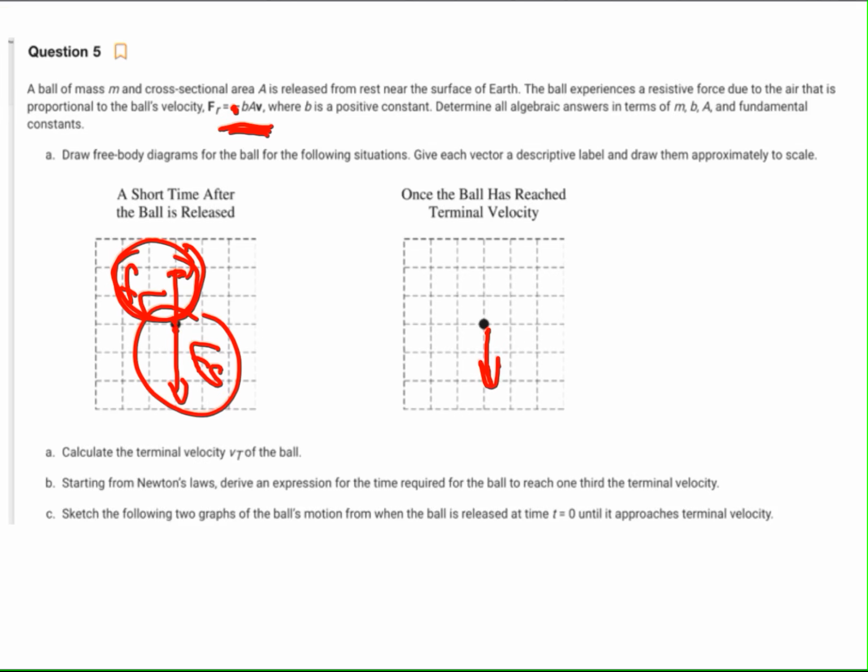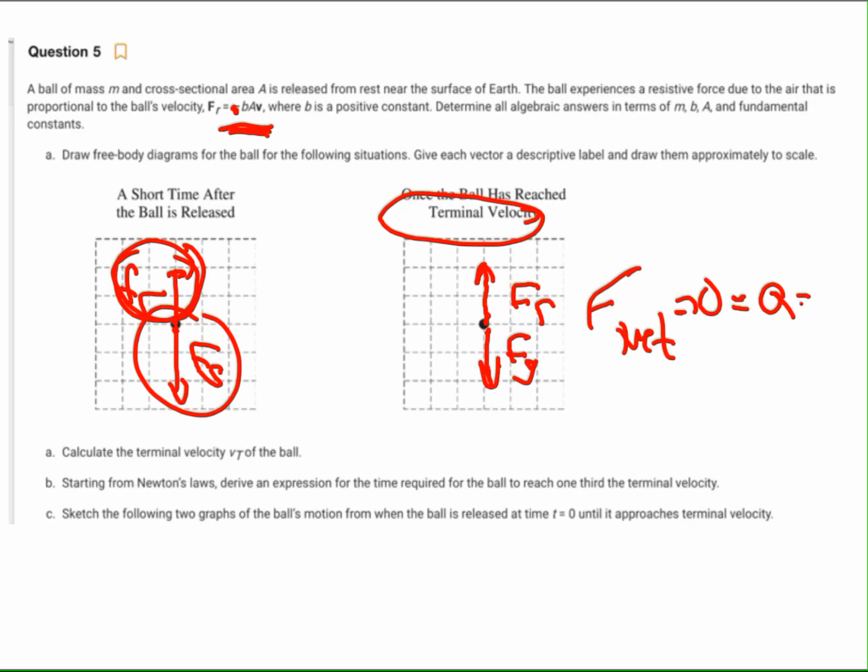When it gets to terminal velocity, we have Fr and Fg equal to each other. That's why terminal velocity occurs, because it's when the net force is 0, and that means the acceleration is 0, hence terminal velocity.